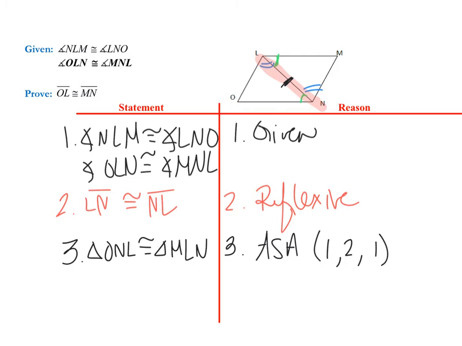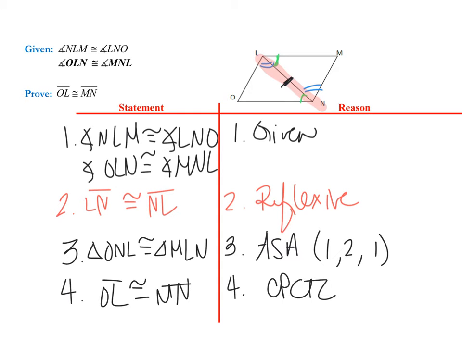Now that I proved that the triangles are congruent, I can say all corresponding parts are congruent. So OL is congruent to MN by CPCTC. Again, you cannot use CPCTC before you prove the triangles congruent. Okay, we got 2 proofs left.